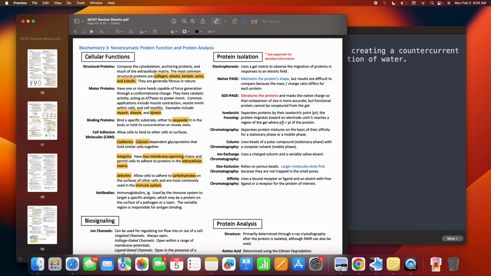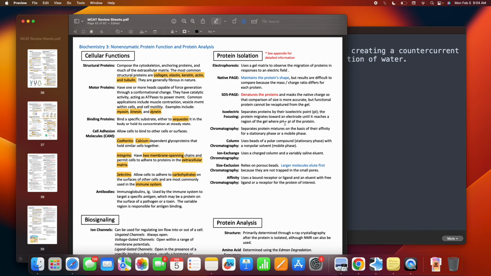So it's both charge at play here, and I think it's all charge. We don't know what it means here that the functional protein cannot be recaptured from the gel. We're gonna figure that out.